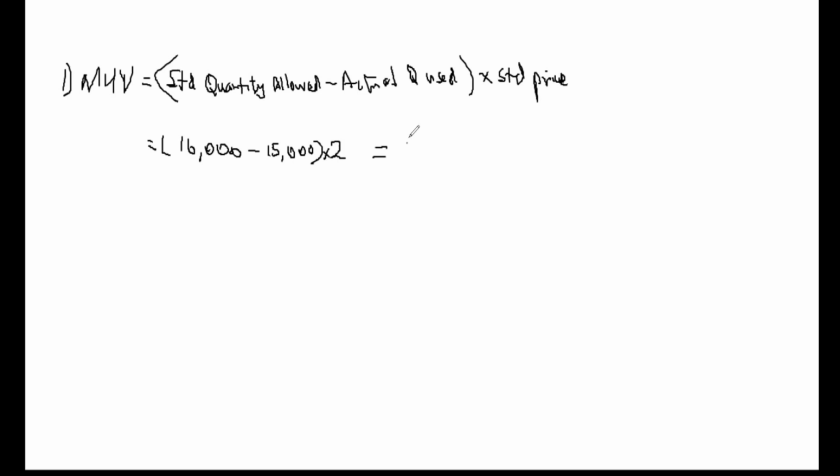So 2,000 is what? Favorable or unfavorable? F or U? Favorable. F. All right.